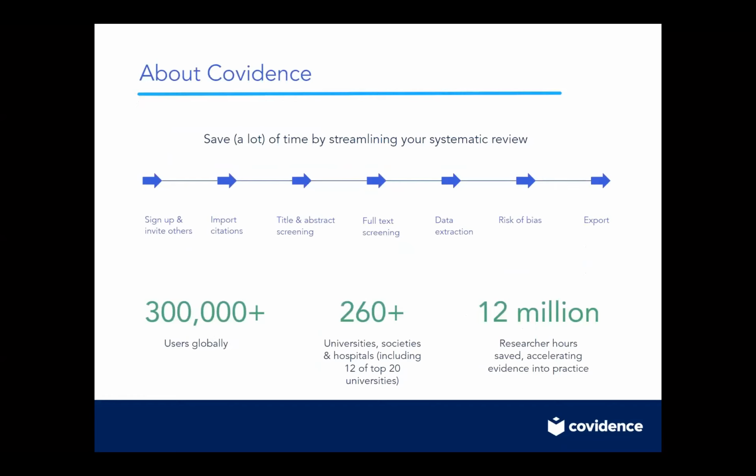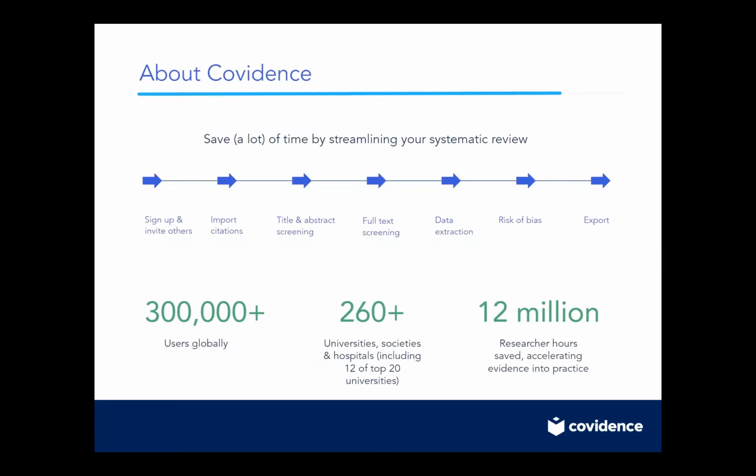Before we jump in, I'm going to give you a little bit of contextual information about Covidence for anyone who has not already used the platform. Covidence was created by and for the research community and is designed to streamline the review process from title and abstract screening through to extraction and risk of bias. The platform allows our review teams to significantly reduce the amount of time spent on reviews, meaning that people can produce evidence faster.